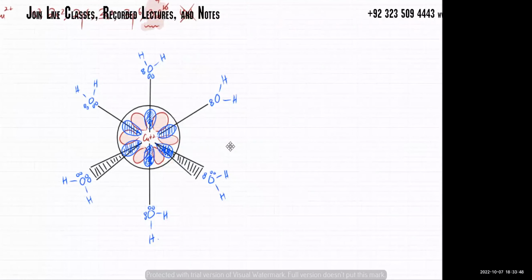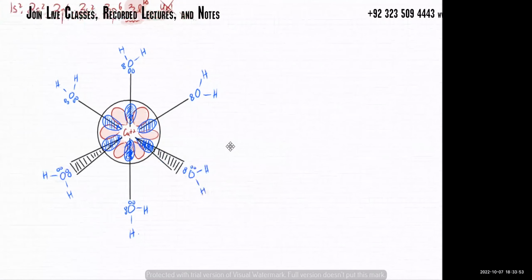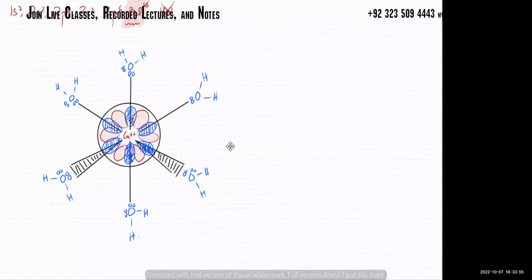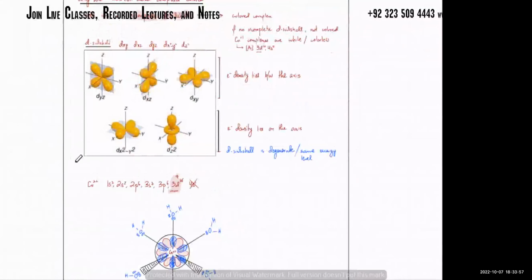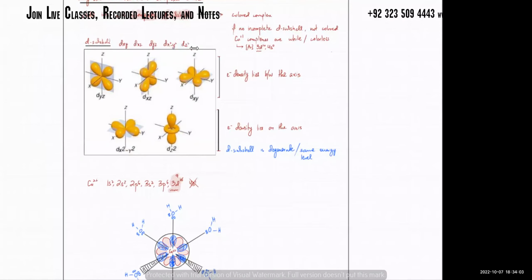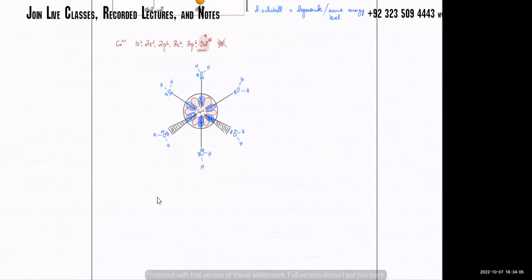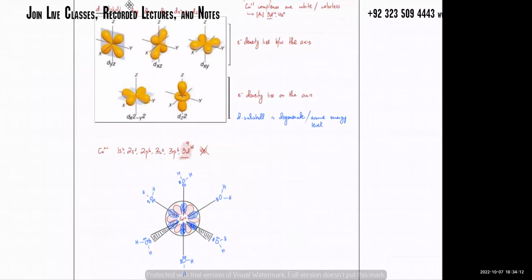So now here's the reason for the colors appearing. What has happened now is, your D subshell is no longer degenerate, which means it's no longer exactly the same anymore.